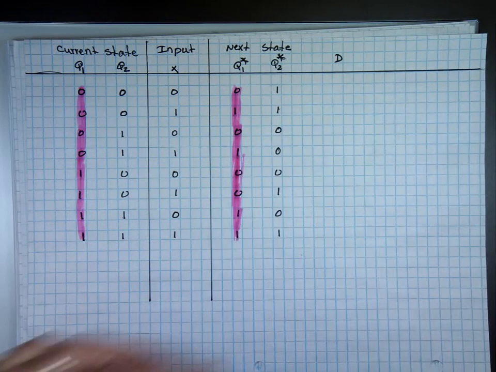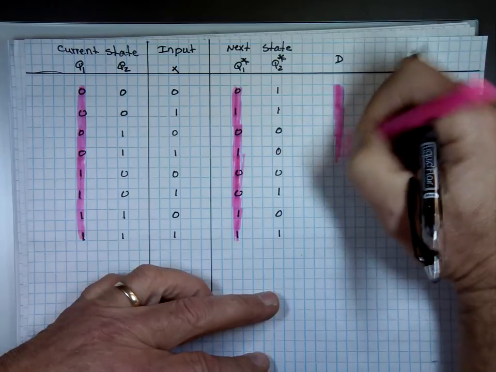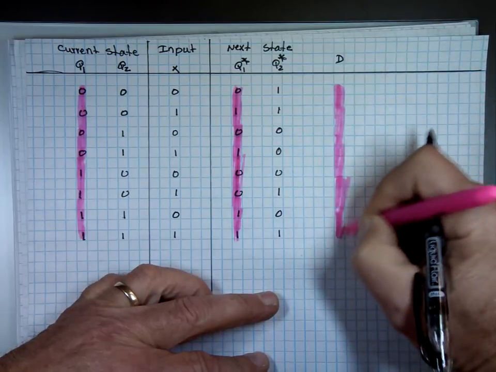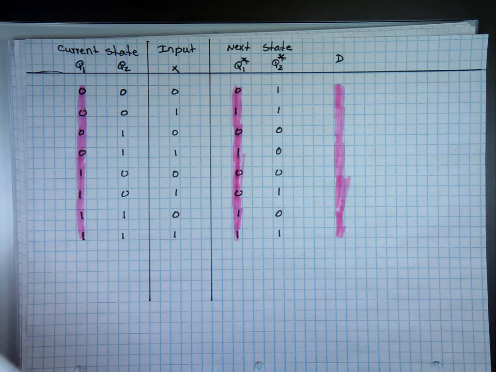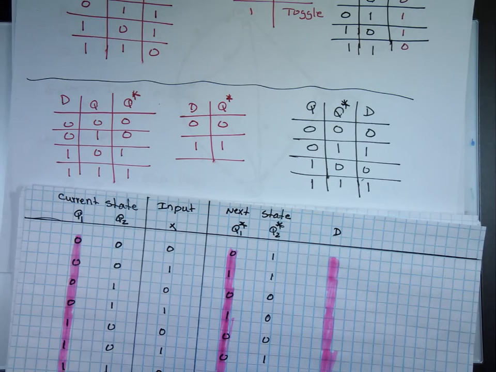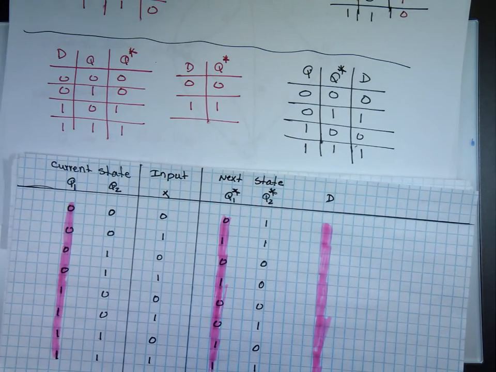And this is where the answer is going to go. So let me look at the excitation table for the D flip-flop. That's this one, the bottom one. Let's see if you can see it.